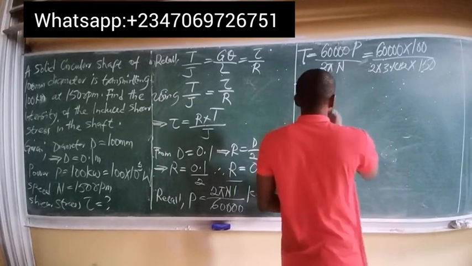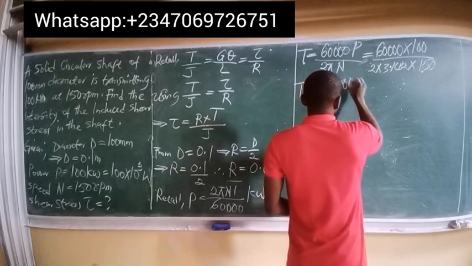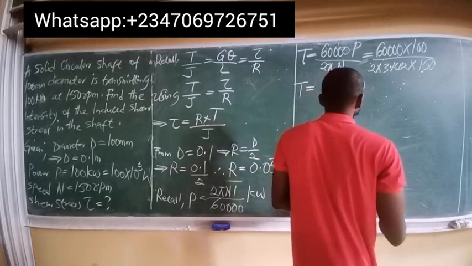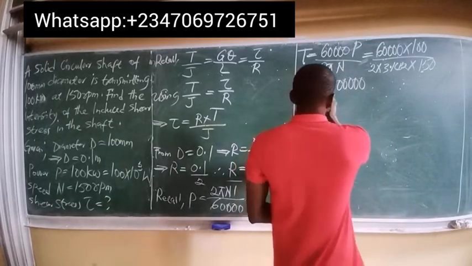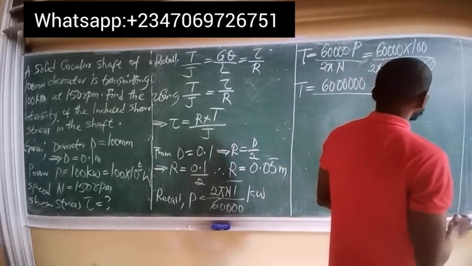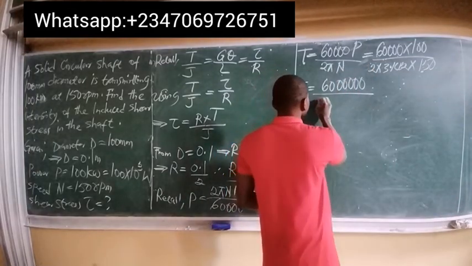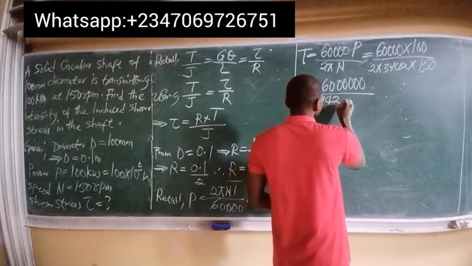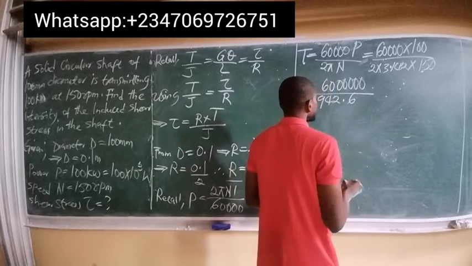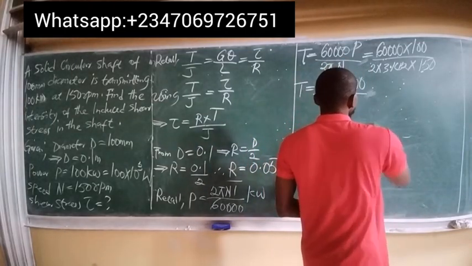60,000 by 100 simply gives us 6 million, all over 2 by 3.142 multiplied by 150, which is 942.6. So 6 million divided by 942.6.